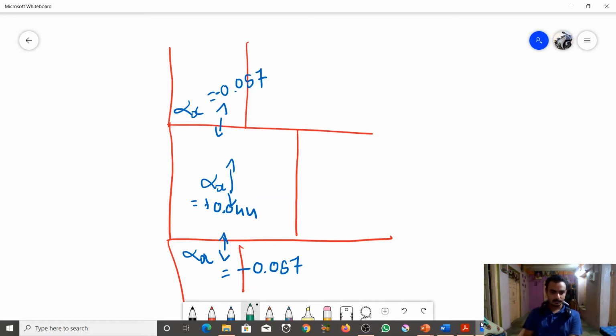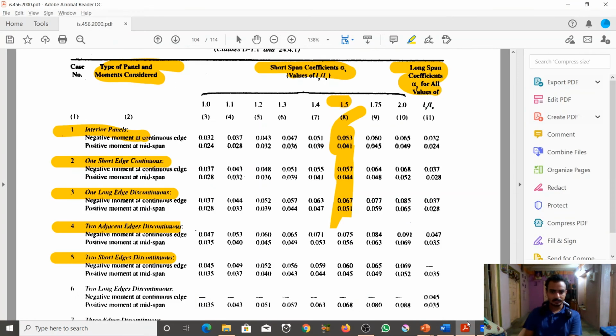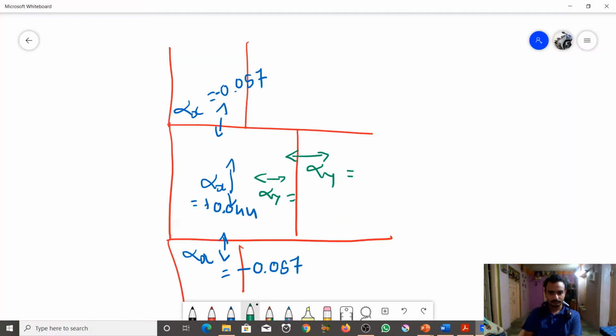So this is the alpha X, and here alpha Y. Two conditions here, alpha X and alpha Y. For the alpha Y, we have to follow this 11 number column. Same condition, negative moment at continuous edge 0.037 and positive moment at mid span 0.028.